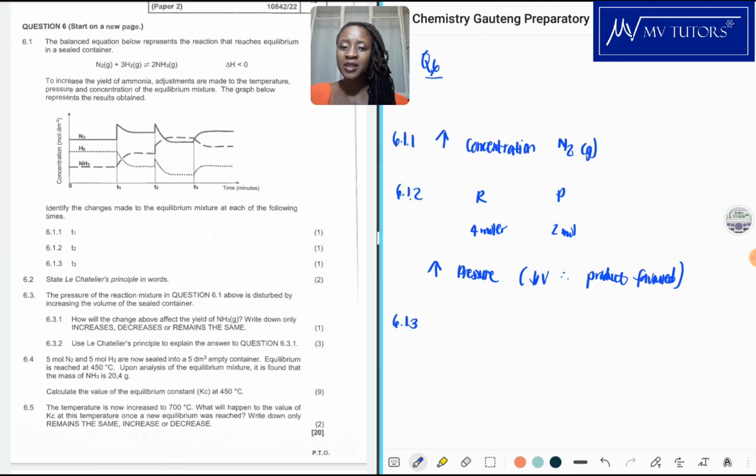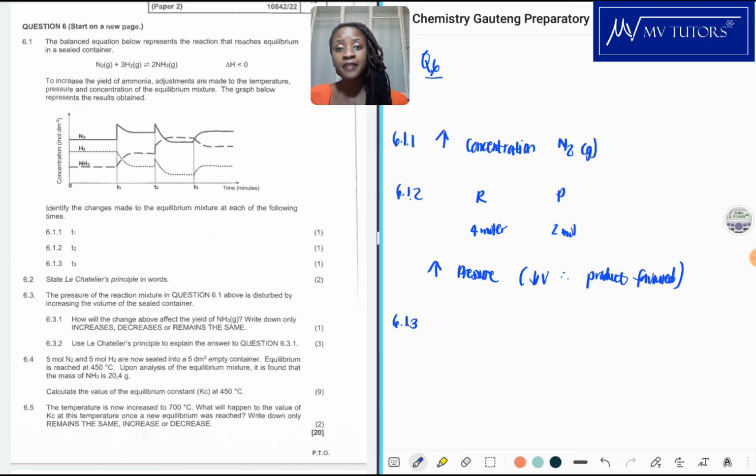What favors what? An increase in temperature will favor the endothermic. A decrease in temperature will favor the exothermic. So the forward reaction is exothermic, okay? But if I want to have more of ammonia, I'm basically going to be increasing temperature.